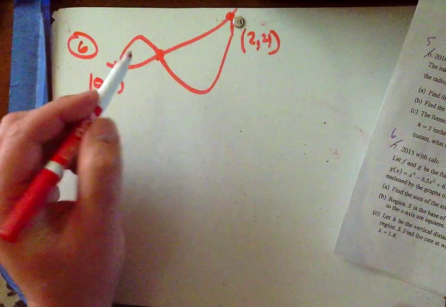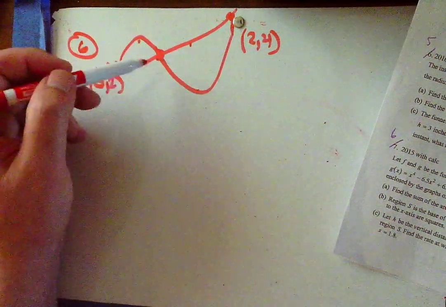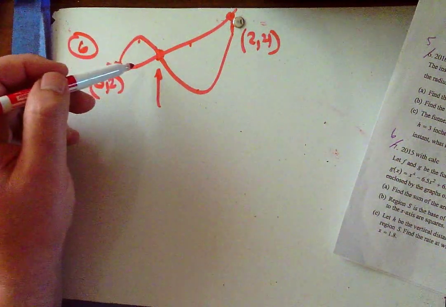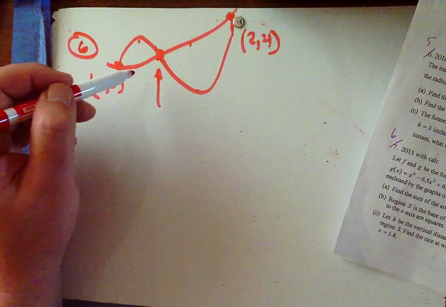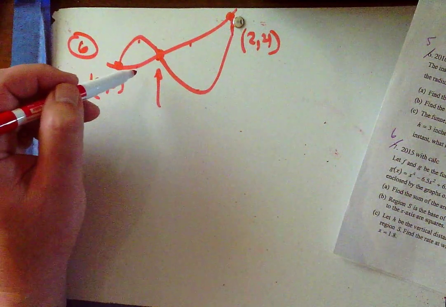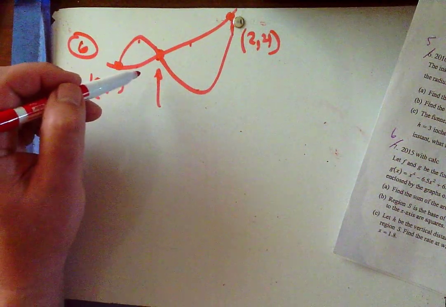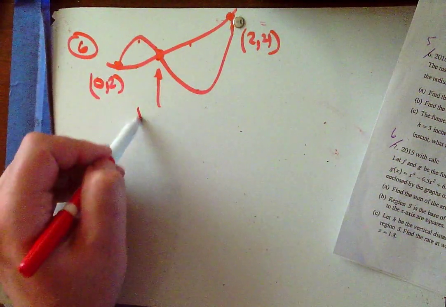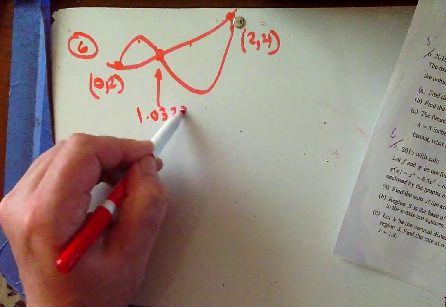But I need to know where this is because my top and bottom flip at this x value. So when I graph and I do second calculate intersect, I find the x coordinate of this point to be 1.032839.